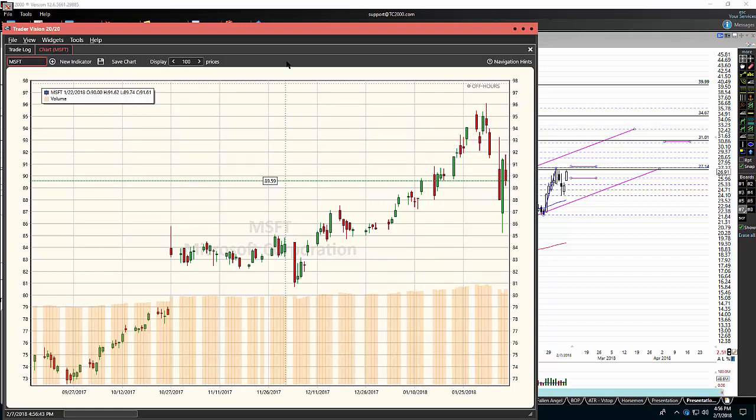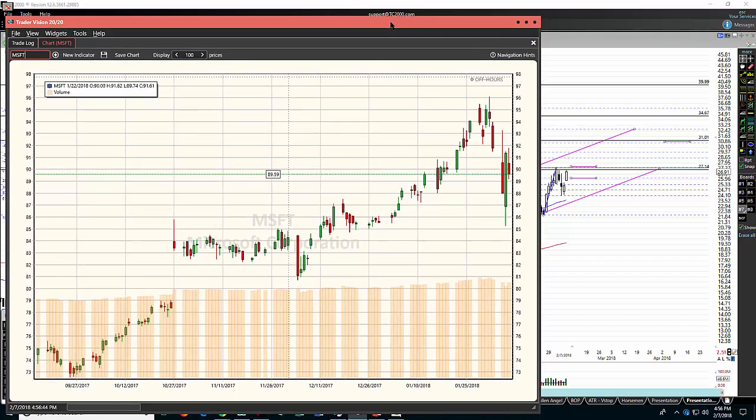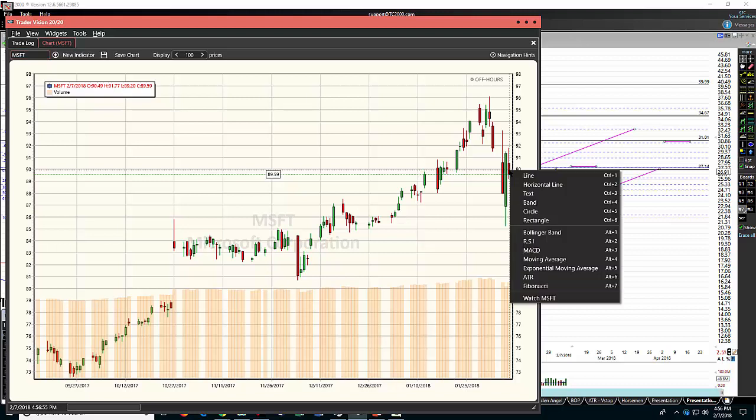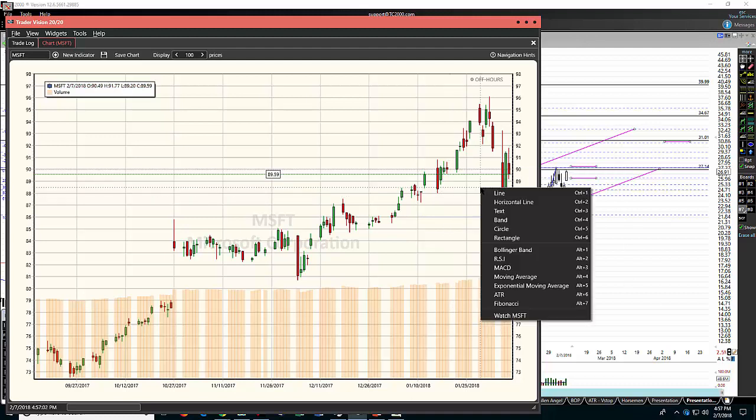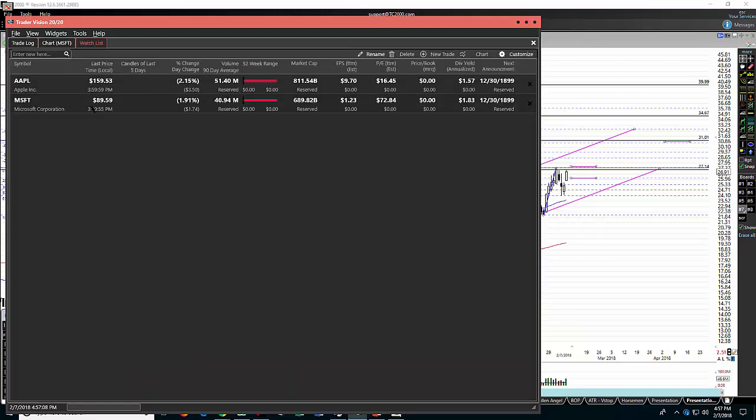Okay, at the moment, and this is acting a little bit wonky on me today, I think because of the update. It just went crazy. At the moment, what you have to do is move it to a watch list. So what I did is I right-clicked on the chart, and I moved that to a watch list.